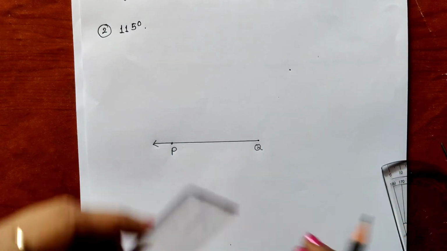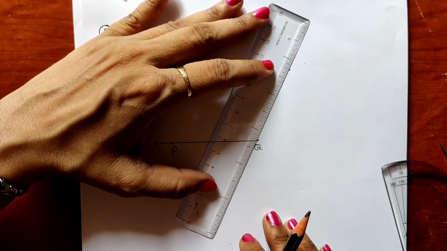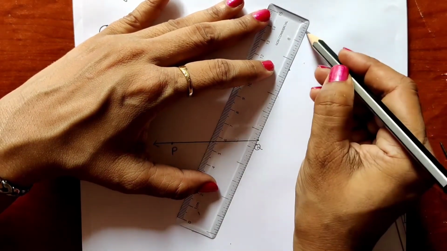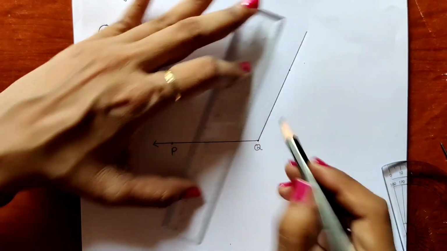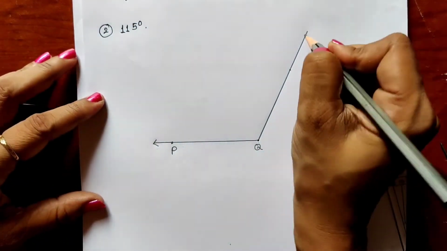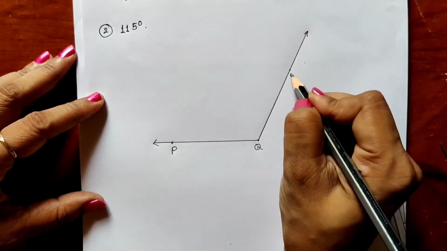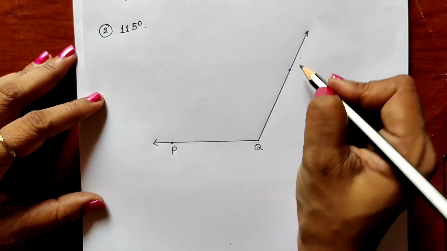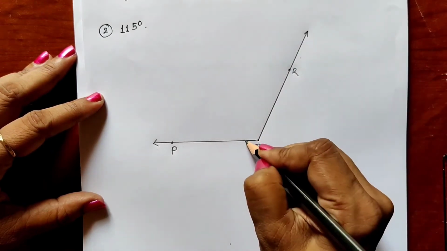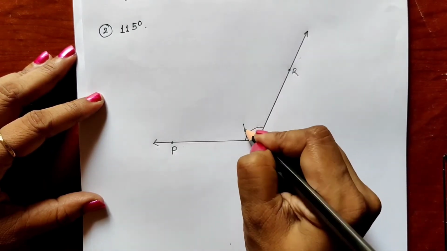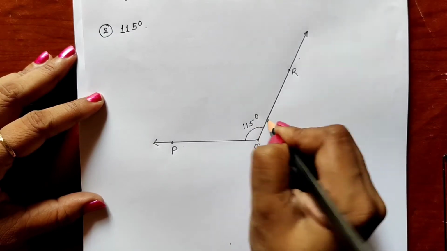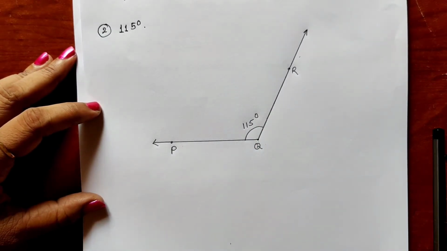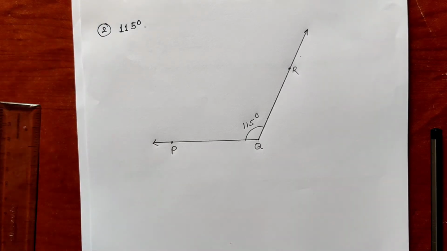Now we will be drawing a ray which joins with point Q. So Q is the vertex and this is the second arm or second side of the angle PQR. This PQR is of measure 115 degrees.